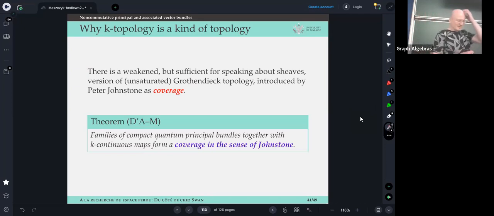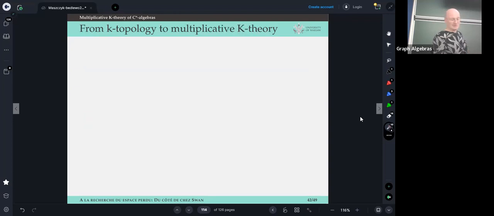Because of the following theorem, that the families of compact quantum principal bundles, together with K-continuous maps, form a coverage in the sense of Johnstone. Johnstone introduced the notion of coverage, which is a weakening of Grothendieck topology, but which is sufficient for speaking about at least sheaves, which is very important for algebraic geometry and topology. So this is our solution to this problem.